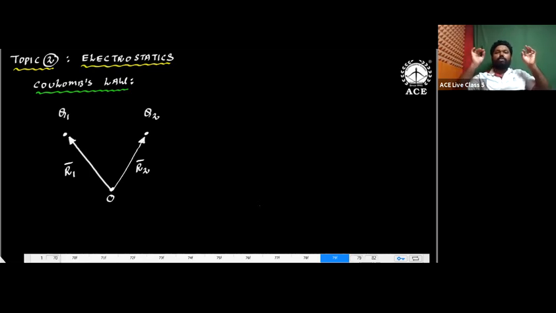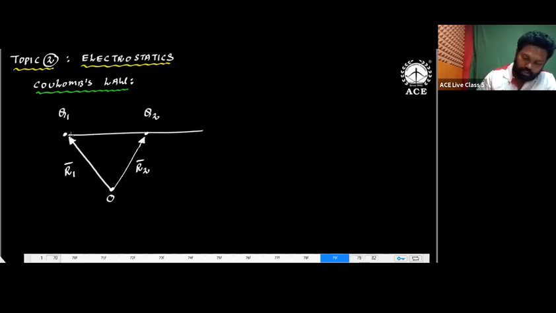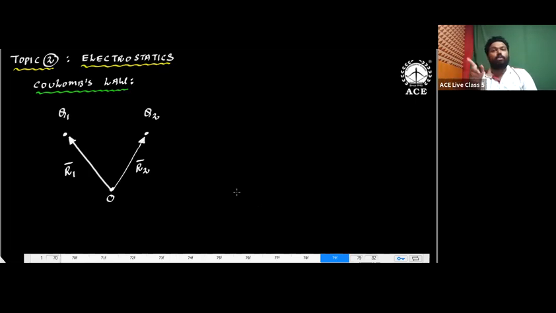If I am considering these two charges to be positive charges, what happens? Q1 will exert a force on Q2 in which direction? And Q2 will exert a force on Q1 in this direction. Let us try to find the force on Q2 due to Q1. It is like this.